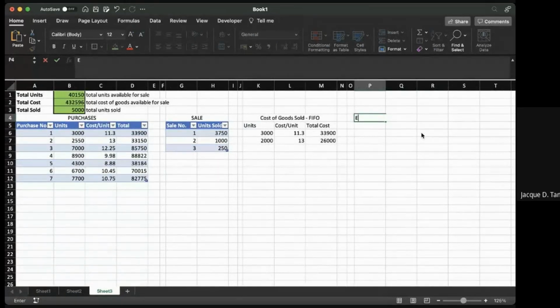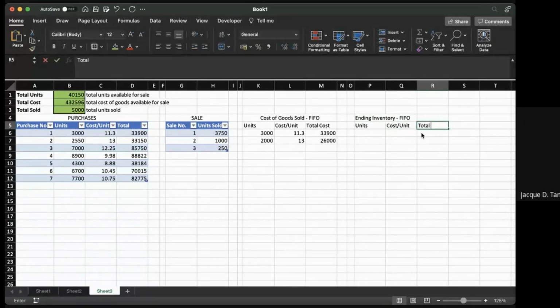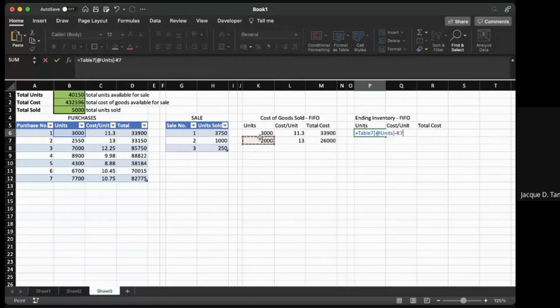So how do we compute for your ending inventory? Since we can easily reference this one, we can still have your units, cost per unit, and then we have your total cost. So what we do is, again, we get from the purchase units versus the cost of goods sold units.